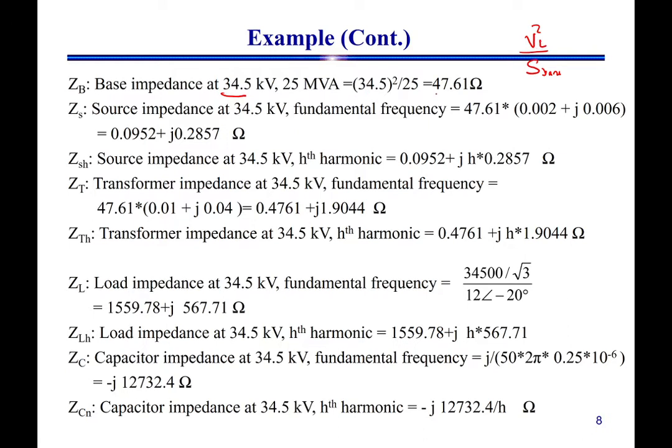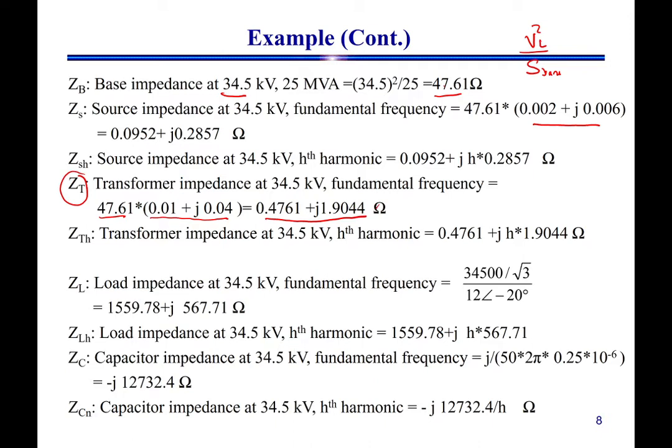That will give us the Z base. We are given the per unit impedance of the transformer, so we multiply it by the base, and that will give us the transformer impedance in ohms. Of course, this one will be on the low voltage side.